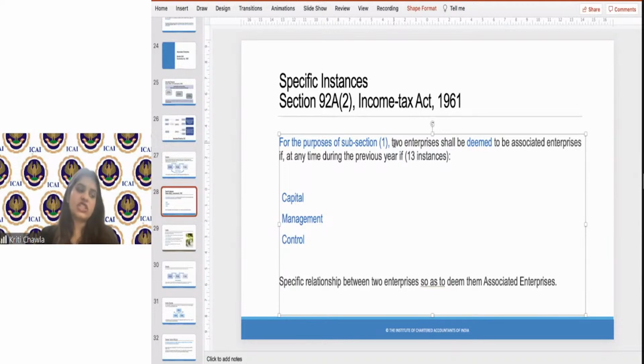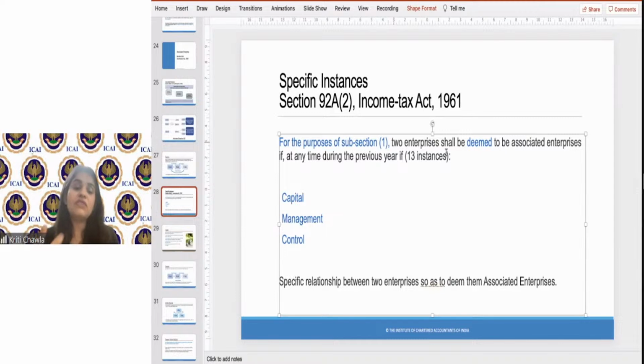So if you look at section 92A subsection 2, the Income Tax Act lists down 13 conditions out there. And they say that if any of these 13 conditions are met, even if one condition is met, throughout the entire year, then these two companies will be deemed as associated to each other.